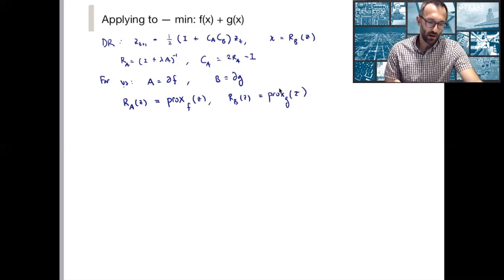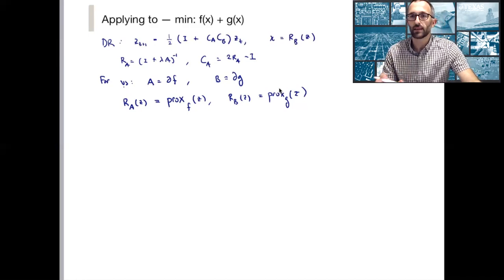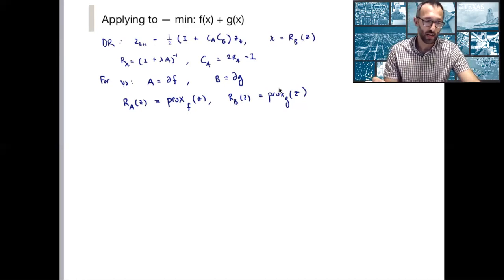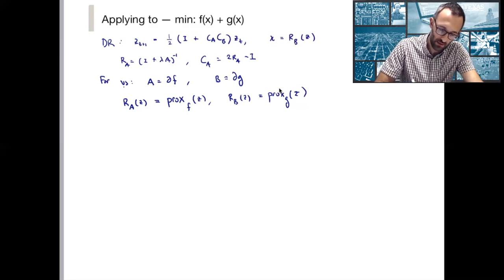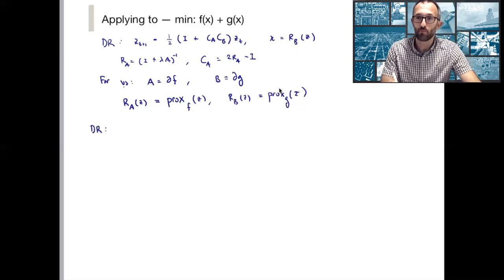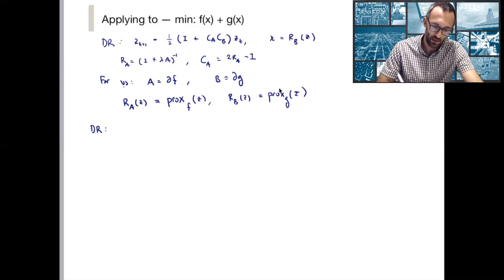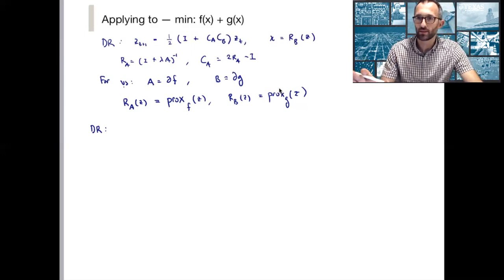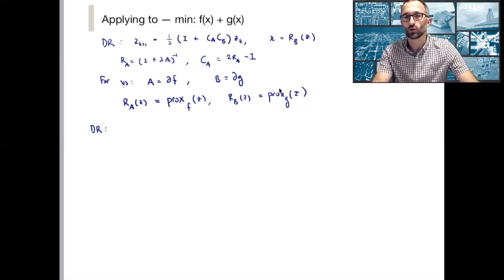So let's work backwards and write down one way that you might see the Douglas-Rachford algorithm written down for the problem of minimizing f of x plus g of x. There are many ways that it's written down, and in fact, we're also going to look at different ways where we can rewrite it.